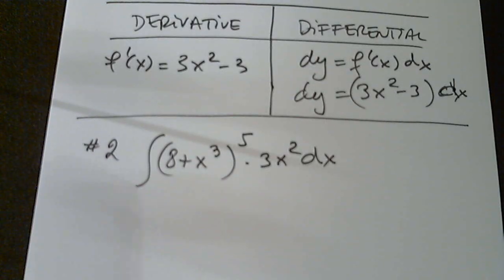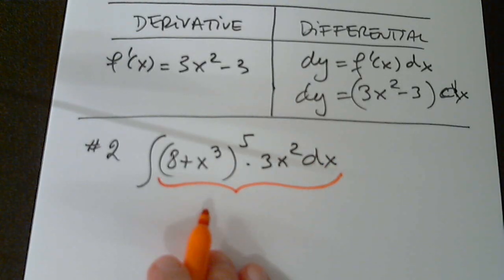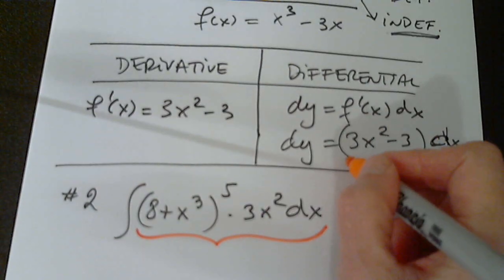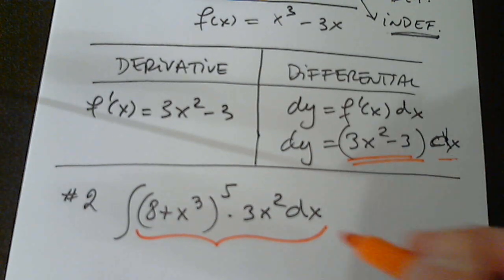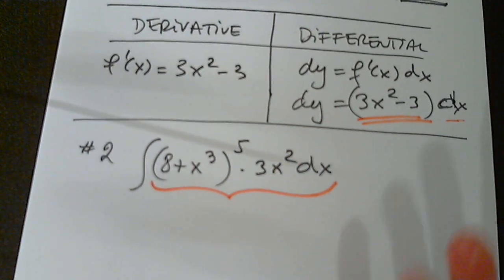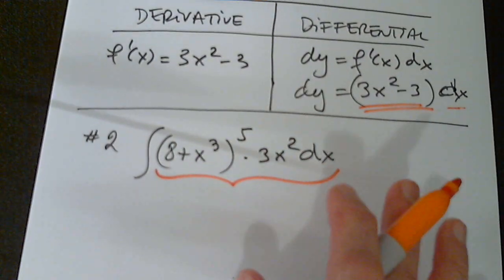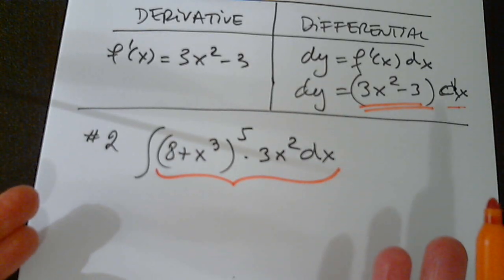So looking at this problem, obviously this is a differential, a derivative of a function times dx, like any integral. Now, second thing that I'd like to mention, it's a complicated situation.